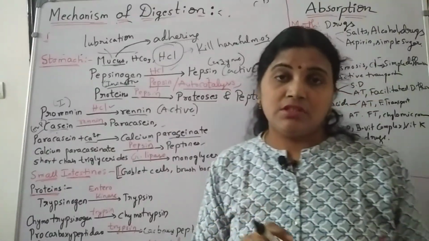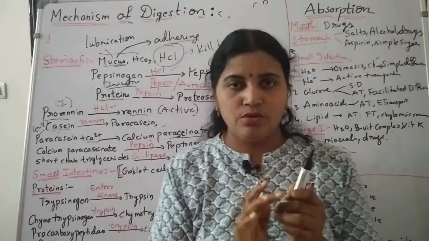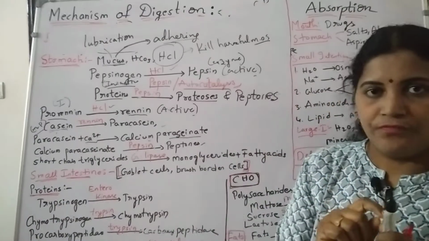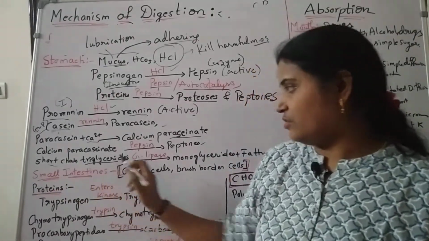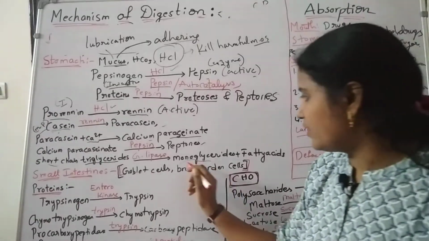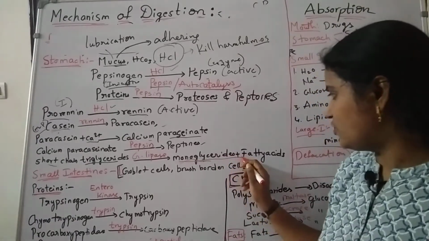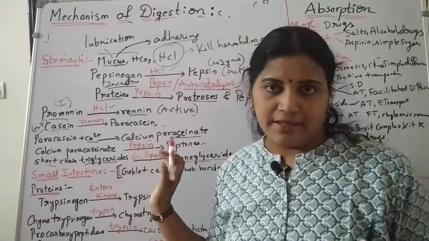Even in the stomach, normally protein digestion only takes place in the stomach. But actually here small short chains of triglycerides are also converted into monoglycerides and fatty acids with the help of an enzyme, gastric lipase.